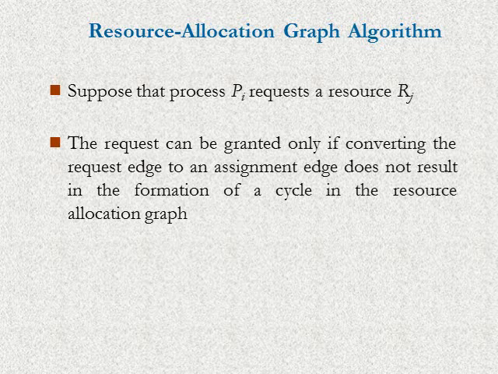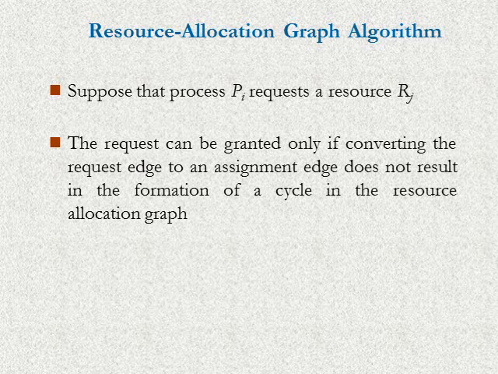A request will only be granted if converting a request edge to an assignment edge doesn't create a cycle, or the possibility of a cycle, in the system. So a resource is only allocated to a process if there is no potential request that makes a cycle in the whole system.